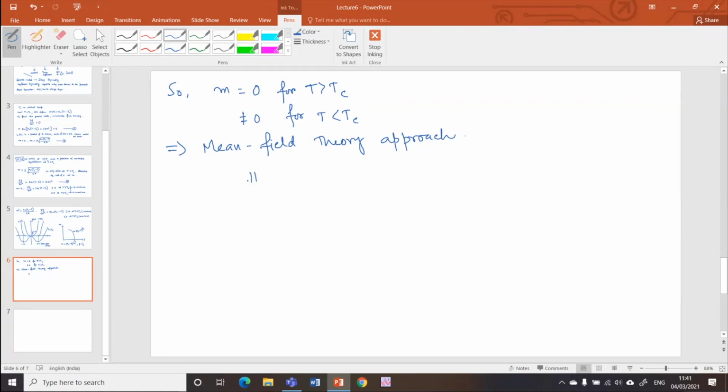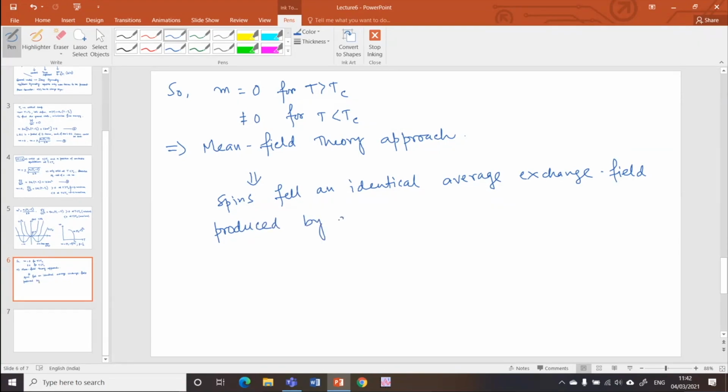Because here also the spins feel an identical average exchange field produced by all the neighbors.